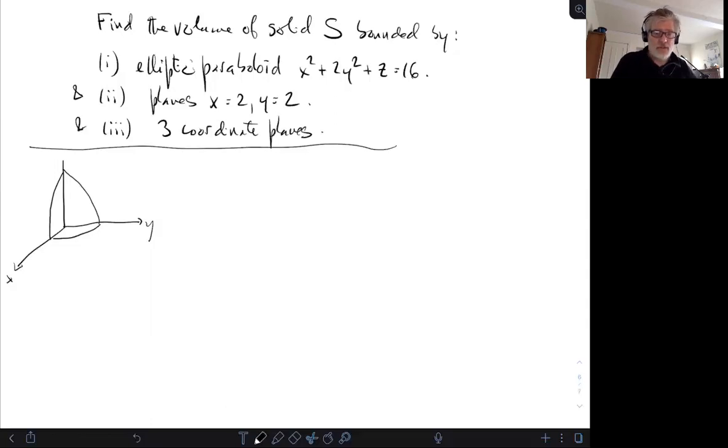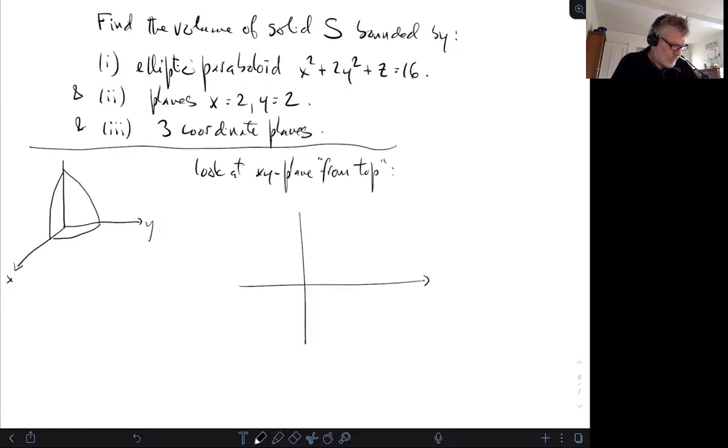So now, doing this in 3D is tricky. So what I'm going to do is simply look at the xy plane from the top, okay? As usual, x, y, and you have to imagine your surface is above here.